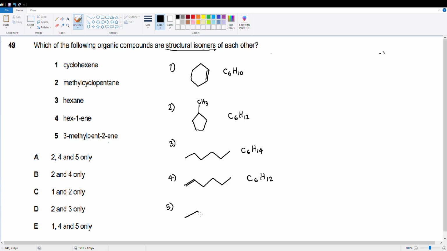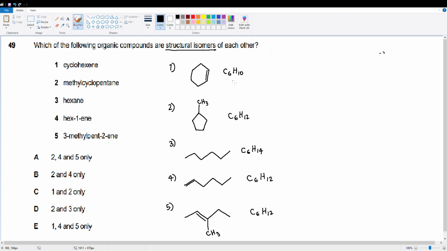Just draw the longest carbon chain, which is the pent, and the 2-ene, which is a carbon-carbon double bond, and 3-methyl, so add this methyl group. Its formula is also C6H12.